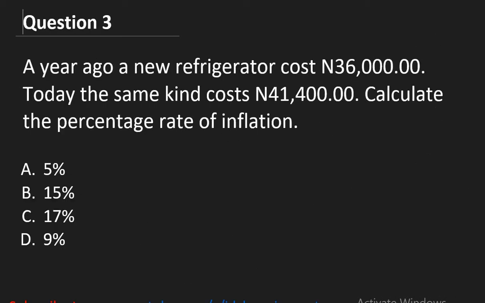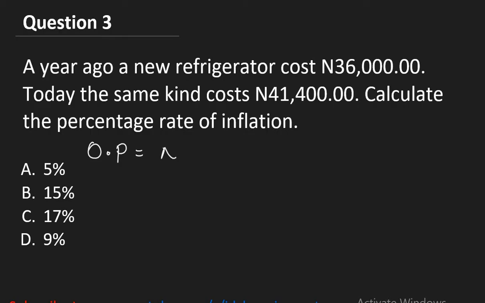Question 3. A year ago, a new refrigerator cost 36,000 naira. Today, the same kind costs 41,400. Calculate the percentage rate of inflation. The original price, let me represent it with OP.